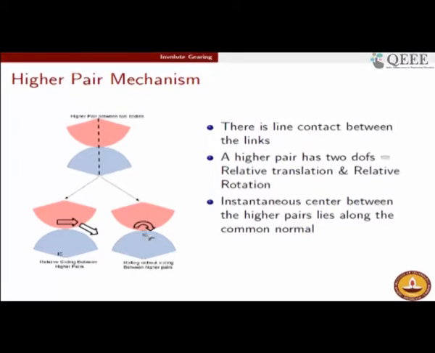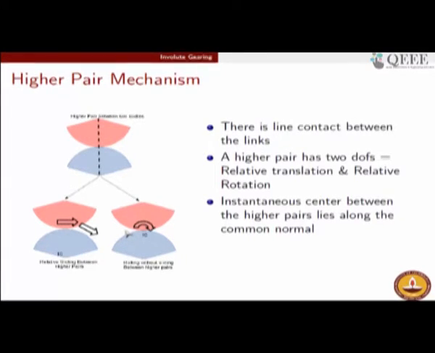But in general the motion can be a combination of these two motions, which is why the instantaneous centers cannot be determined in a pinpoint fashion. We cannot exactly locate the instantaneous center between two general bodies forming a higher pair mechanism.